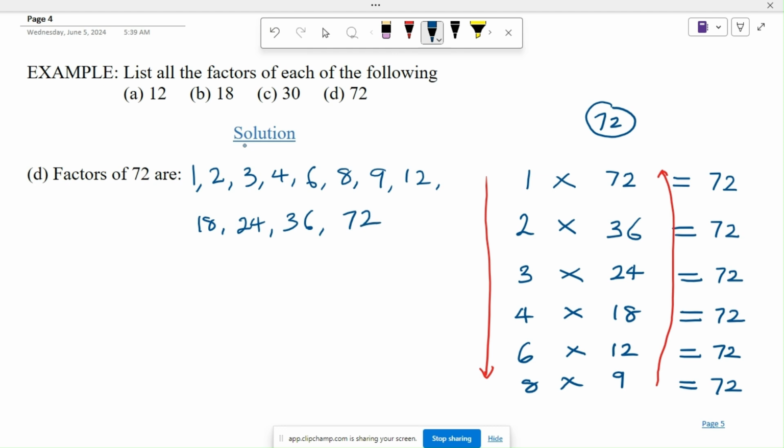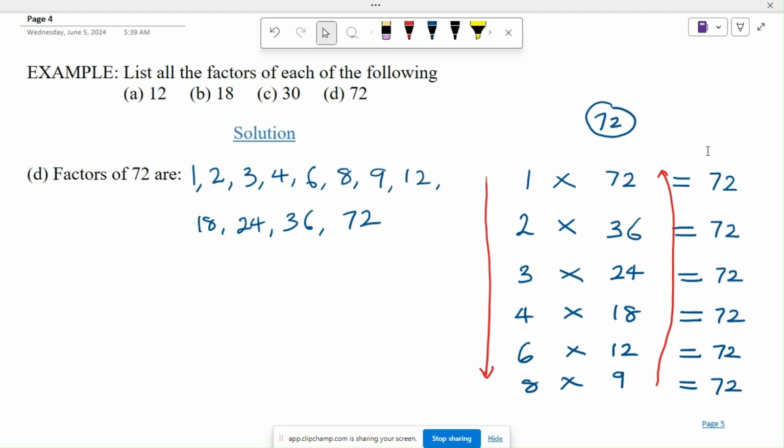So in this case, you will agree with me that your multiplication table matters. So when you go in this order, you will not miss out any of the factors of any given number.